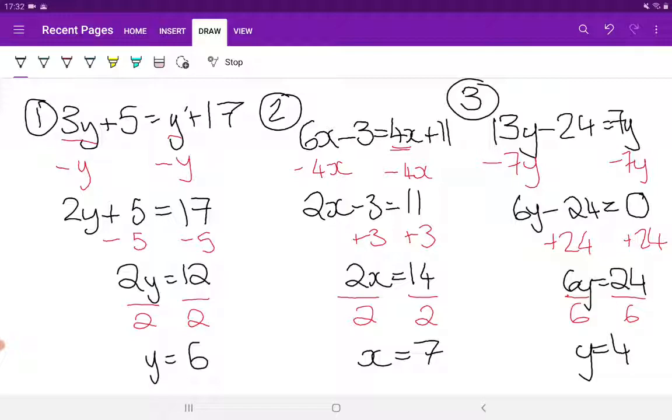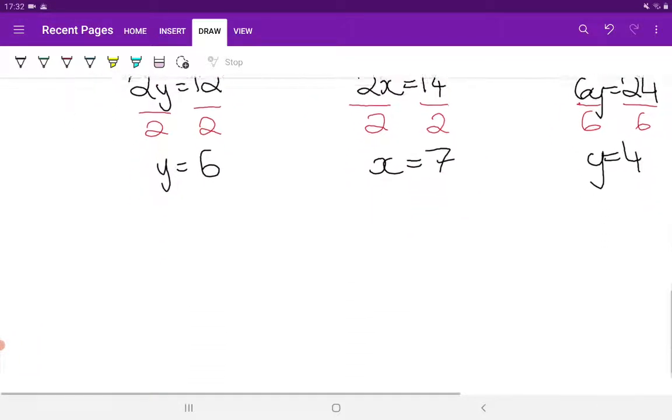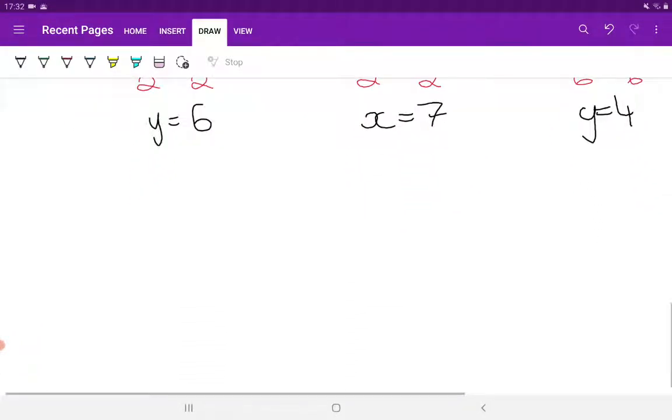Okay. Now, the final thing is to introduce brackets when we're doing equations before we look at inequalities. So let's just do a couple of brackety questions. We'll call these 4 and 5.